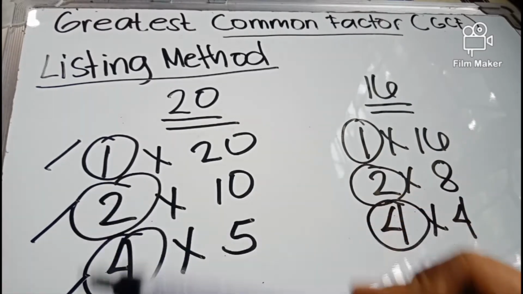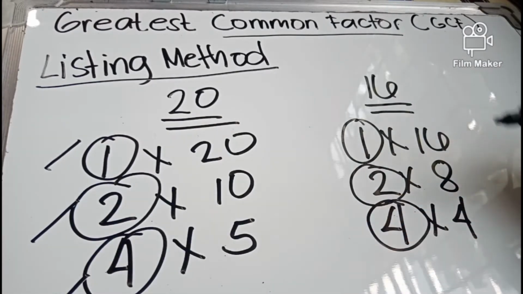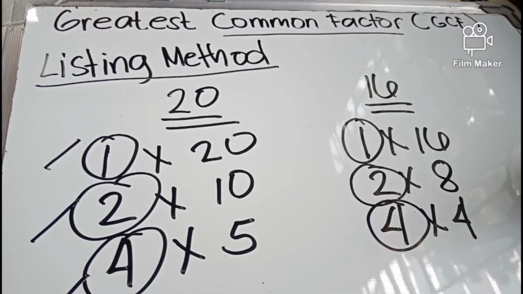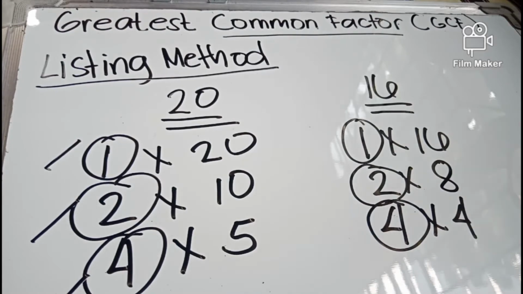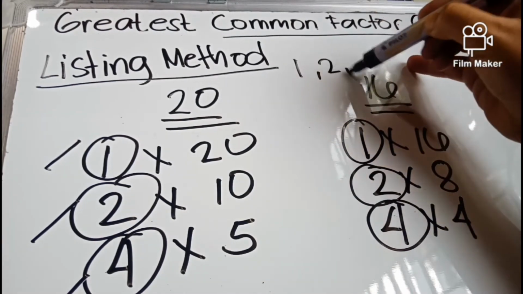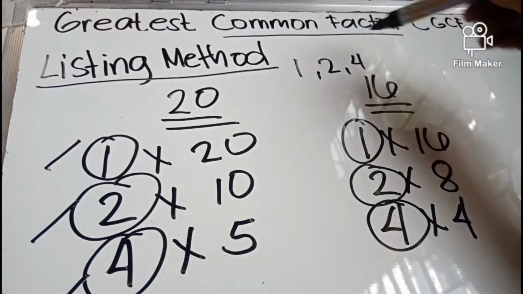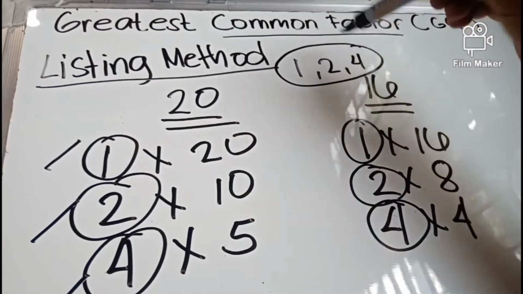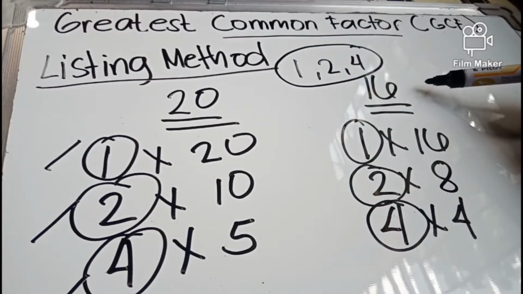Among the common factors na 1, 2, and 4, ano ba yung pinakamalaking factors sa tatlo? Sa 1, 2, and 4. Ito yung common factors ng 20 at 16.